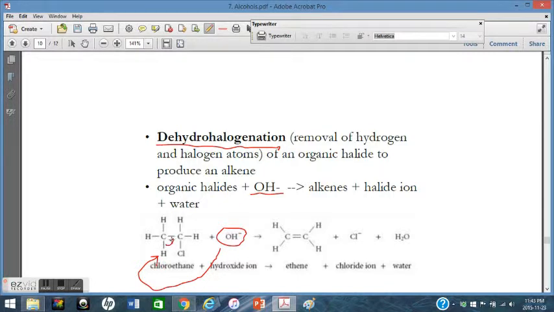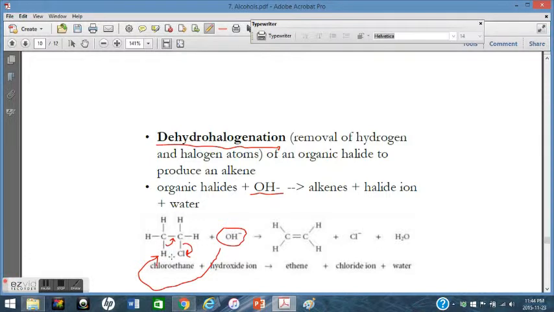Well, now this carbon has too many bonds, and so it boots out the electrons there and kicks out the chloride ion. We're left with ethene, the double bond between the carbons. We're left with this kicked out chloride ion, there it is, and we're left with water, which forms when this OH minus grabs onto this H plus, or this H here.